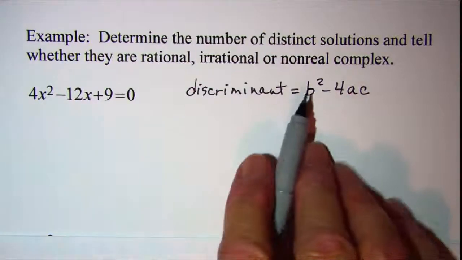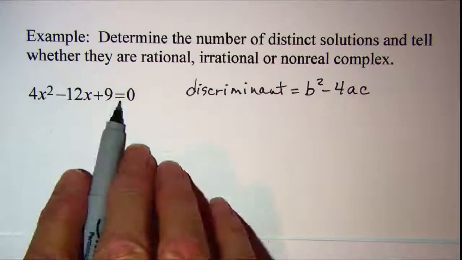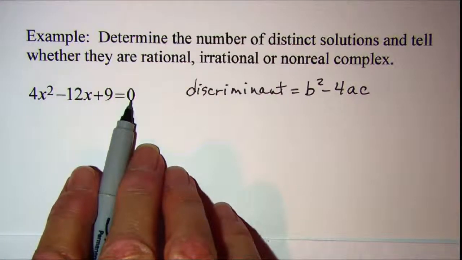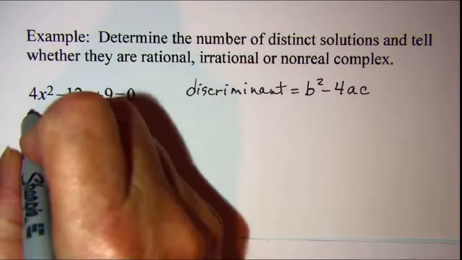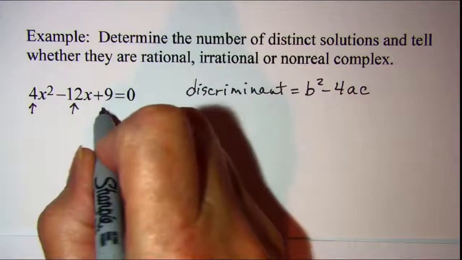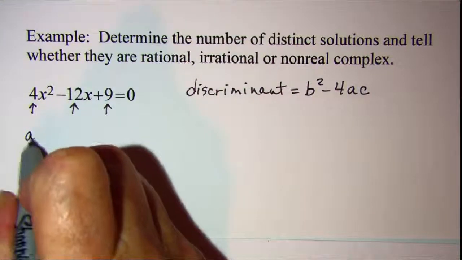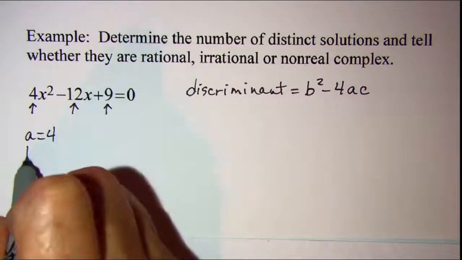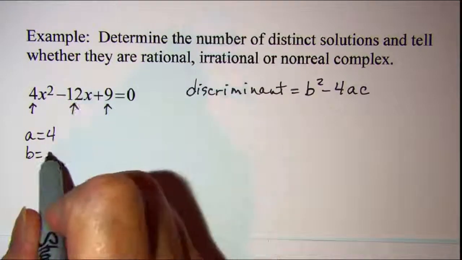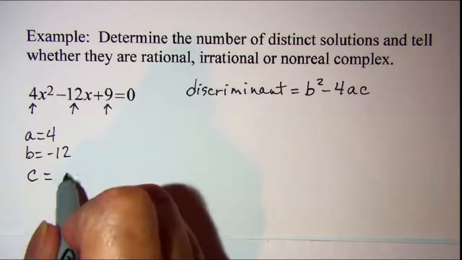Remember that in order to get the value for a, b, and c, you have to have a 0 on one side, which we do, and then it needs to be in descending order of the powers of x. And I can now see that a is 4, b is negative 12, and c is 9.